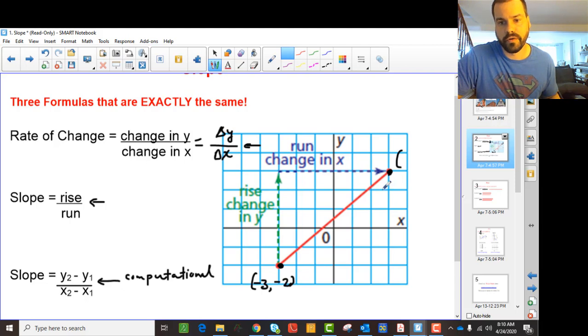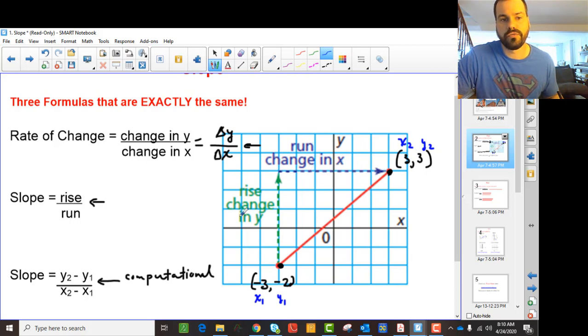And then this point up here is 1, 2, 3, and 1, 2, 3, so it's 3 and 3. If you look at those 2 points, you'll then label them. So what you might be wondering is, what's y2 and x2 and all that sort of stuff. So we'll just call this one the first point, so x1 and y1, and we'll call this the second point, so x2 and y2.